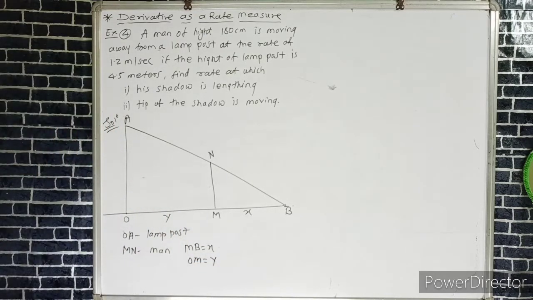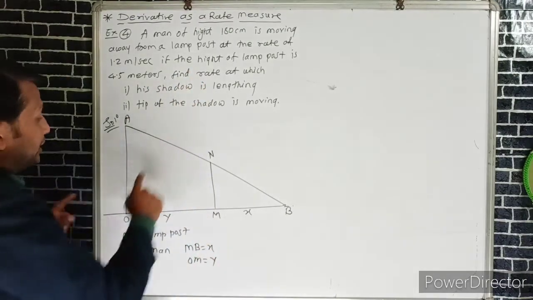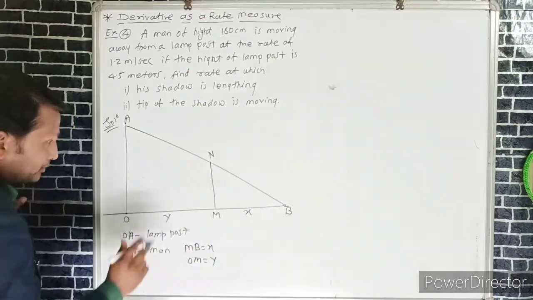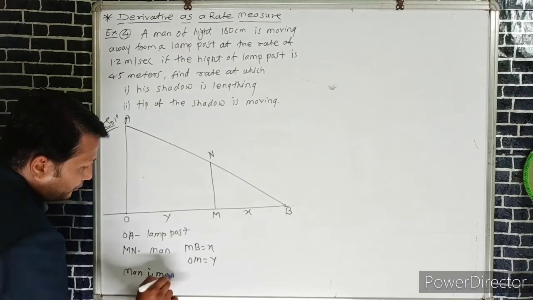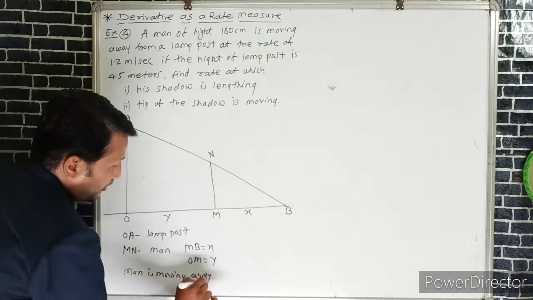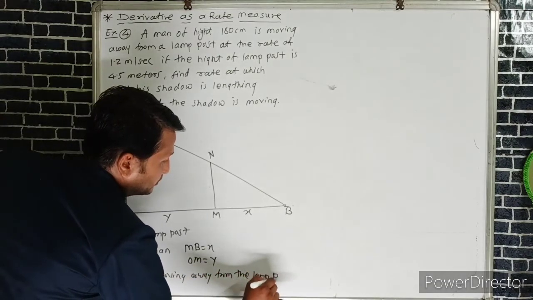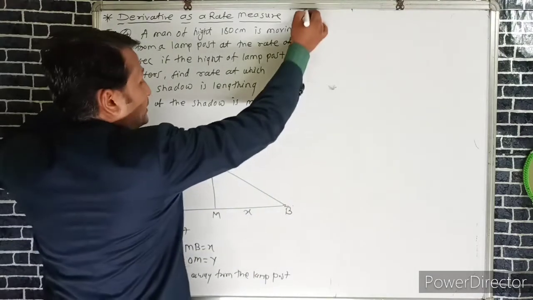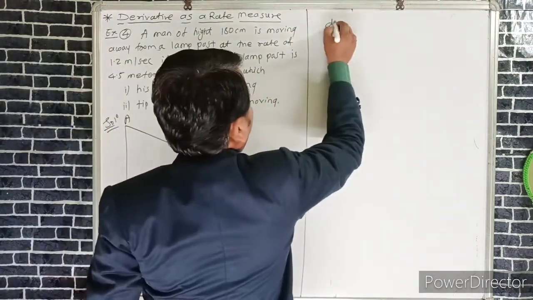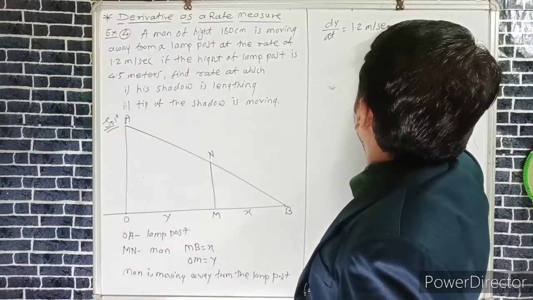Given that the man is moving away from the lamp post at the rate of 1.2 meter per second, dy/dt is equal to 1.2 meter per second.